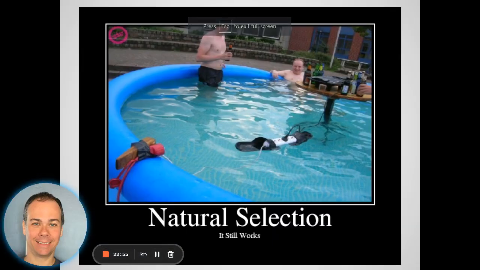And does natural selection work on humans? Of course. Is natural selection working on us now? In some ways. But have humans short-circuited natural selection a little bit?